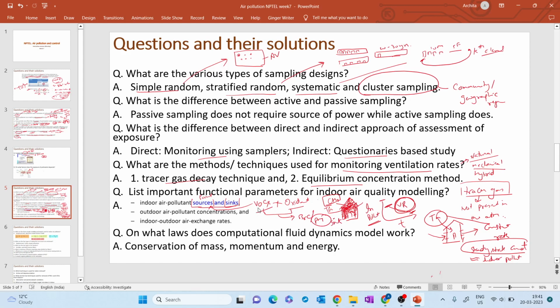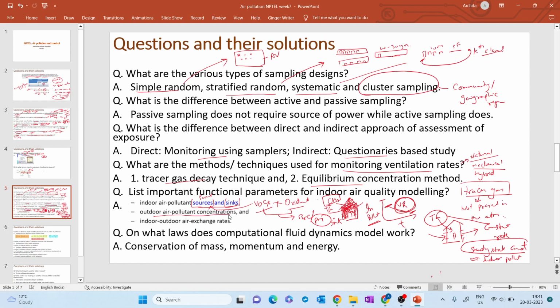So you need to know the sources of a particular air pollutant in the indoor environment, and also the sinks of a particular indoor pollutant in a system.